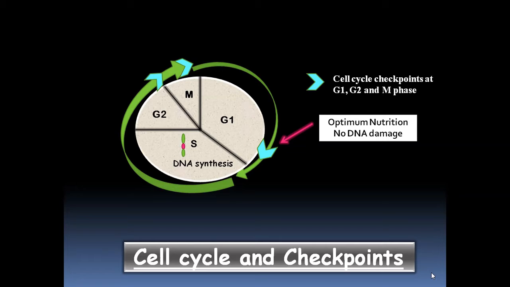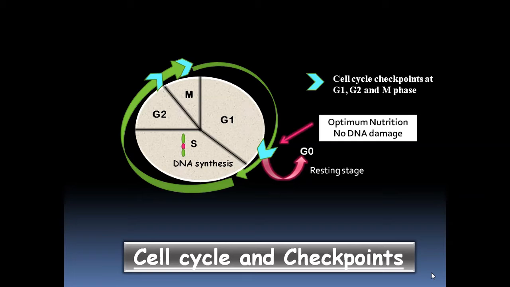And further, whether any damage to the DNA is there or not. So it ensures that all the things that are required for the process to go ahead are there or not. If there is any discrepancy, then the cell shifts to a resting stage that is called G naught.